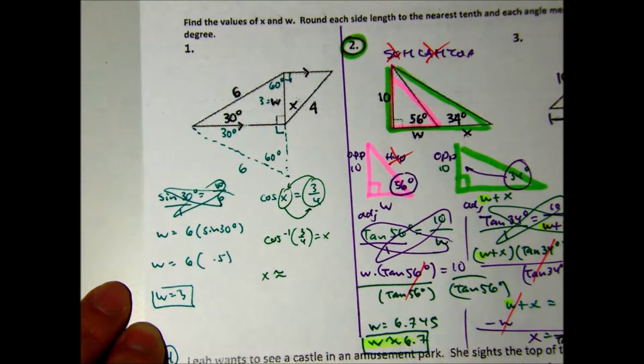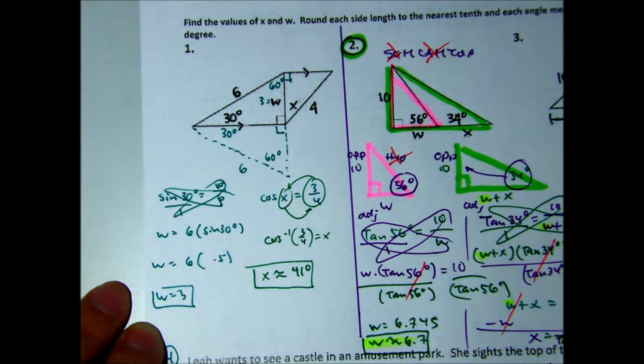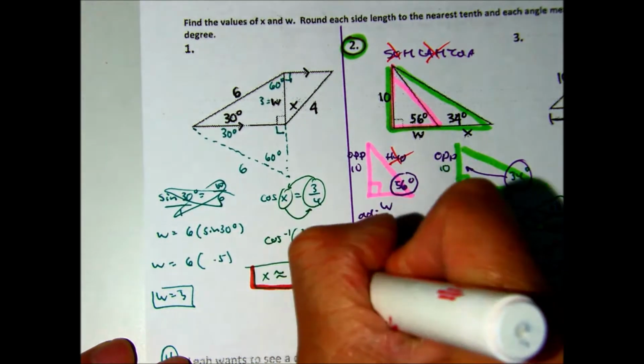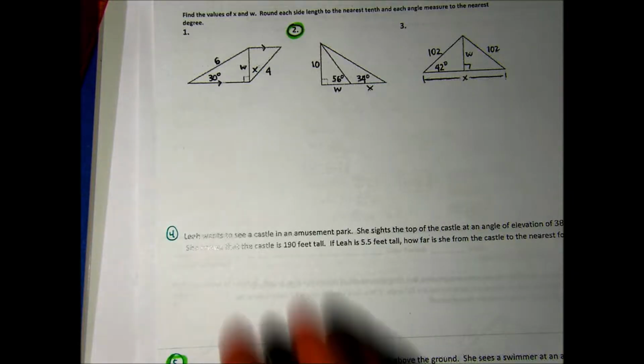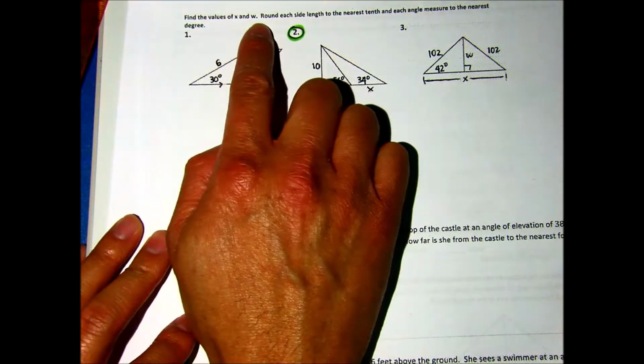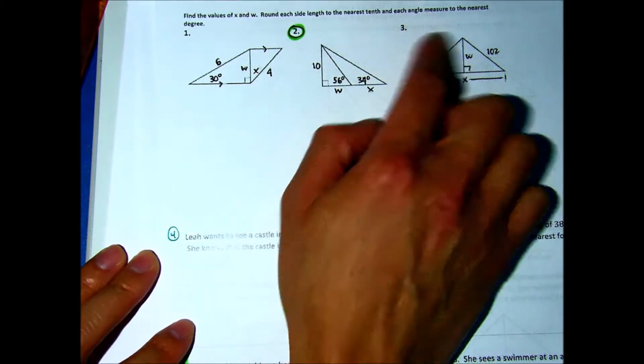Let's use red. Nearest tenth, and each answer to the nearest degree.